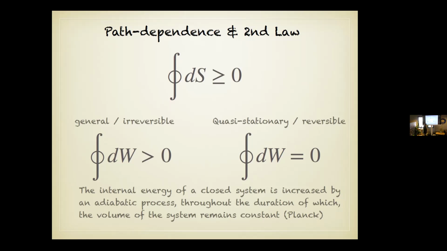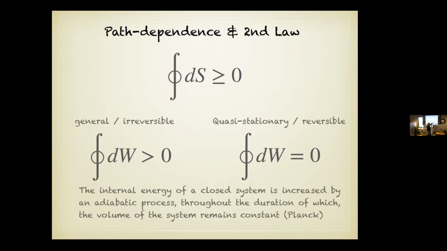And Planck also looked at this a little bit differently. He looks again at the adiabatic work cycle. So the system is isolated in terms of heat, and this is exactly what this means.